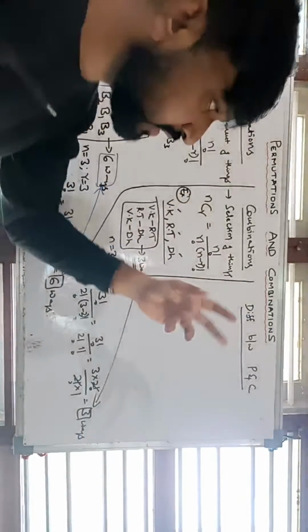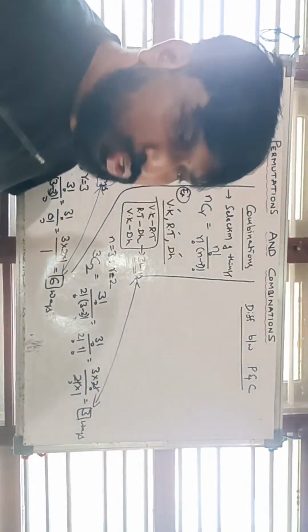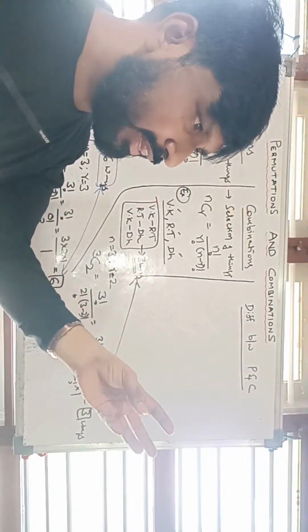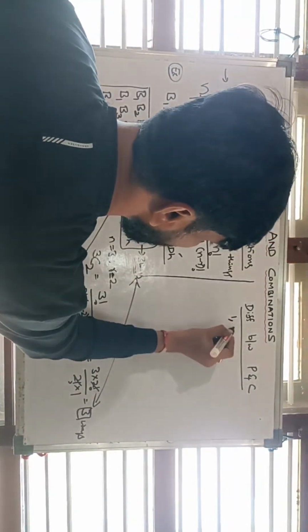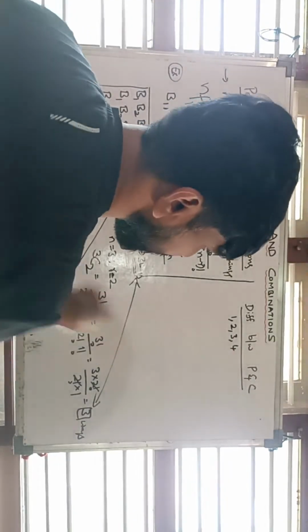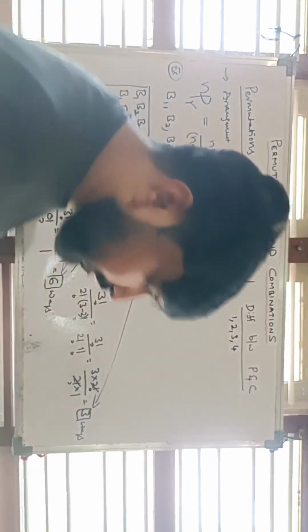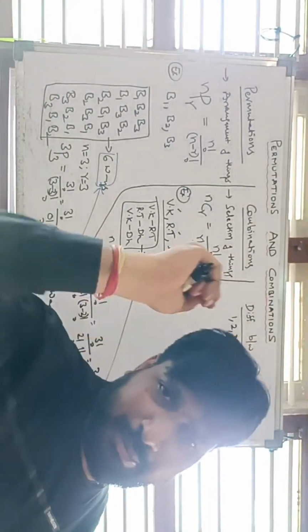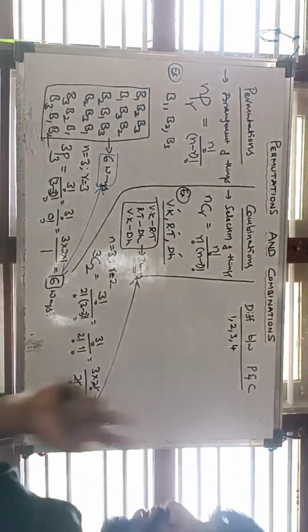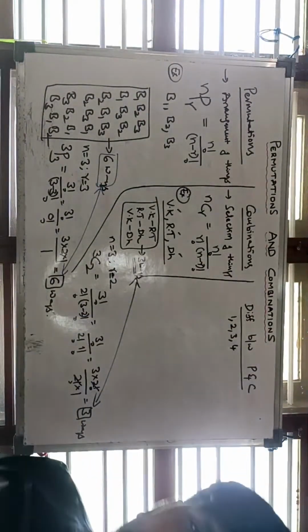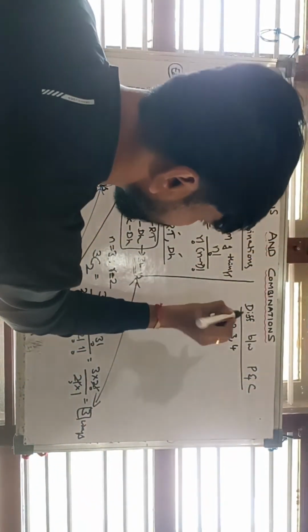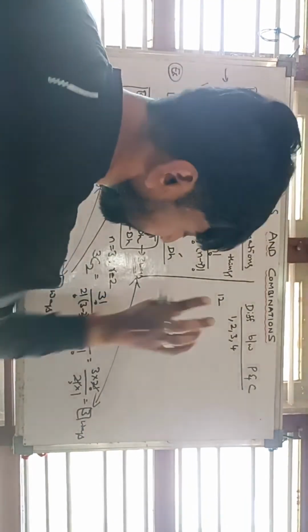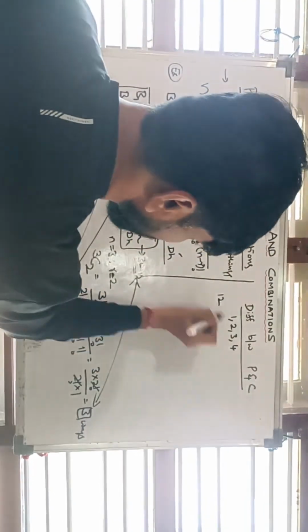Now what is the difference between permutations and combination? With respect to one example, I will tell the difference. For example, you have 4 digits, 1, 2, 3, 4. I am instructing you to create a 2-digit number. Repetitions are not allowed.